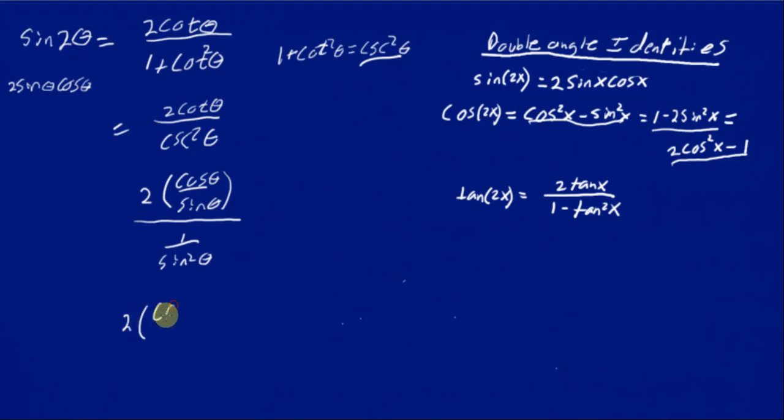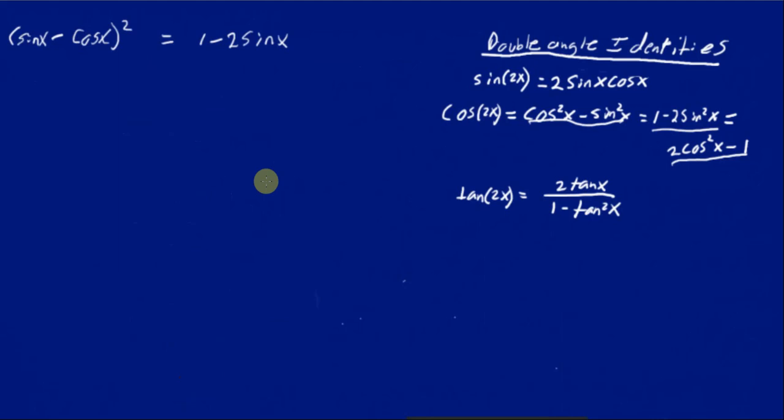So 2 times cosine of theta over the sine of theta, multiplied by the reciprocal, so it's going to be the sine squared of theta over 1. The sine of theta will cancel out one of these sines of theta, so I'm left with 2 cosine theta sine theta, which is exactly where we wanted to get, the sine of 2 theta.